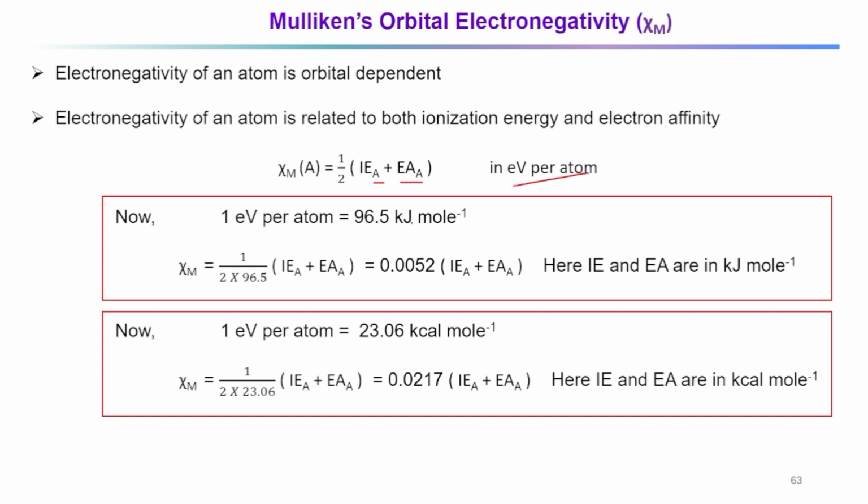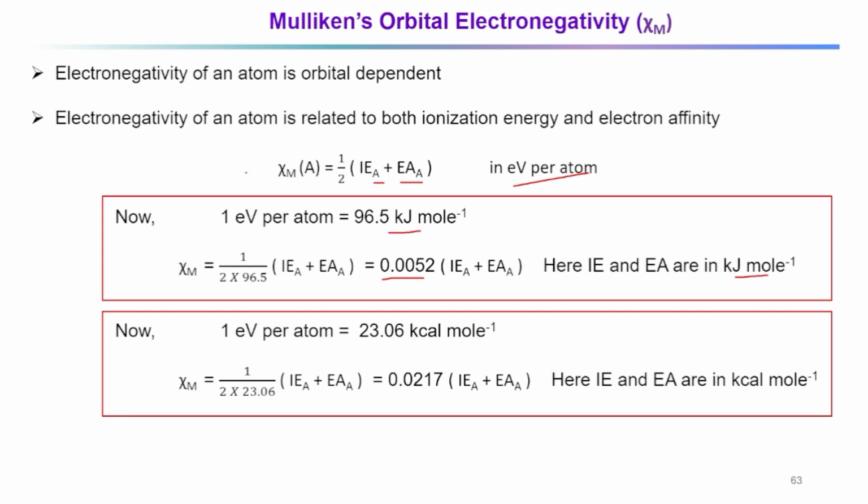So you can again convert this eV per atom to kilojoule per mole. You just divide it by the factor 96.5, and you will get chi m, or the Mulliken's orbital electronegativity, is equal to 0.0052 times ionization energy of A plus electron affinity of A. So here this ionization energy and electron affinity are in kilojoule per mole.